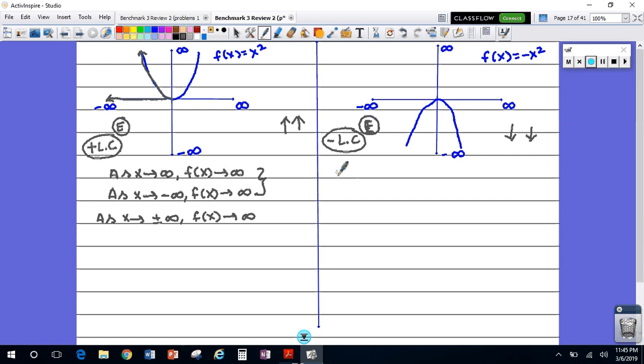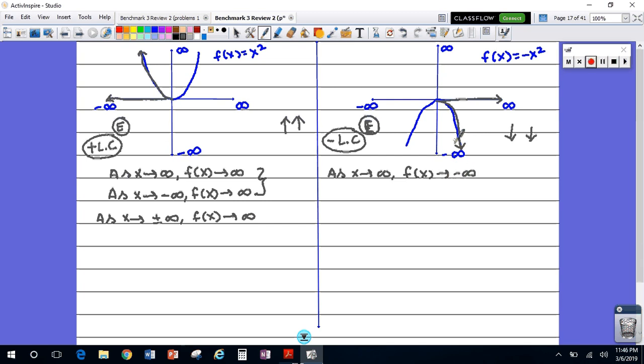Again here you can observe, as you move in this direction towards the right, your curve is coming down, right? So as x tends to infinity, your f of x tends to negative infinity.